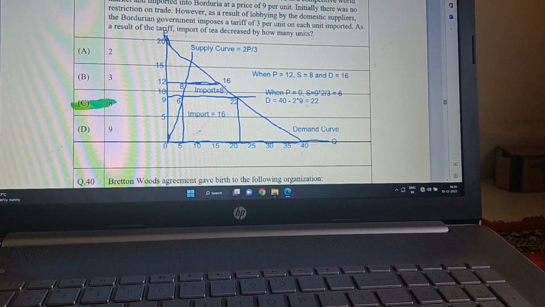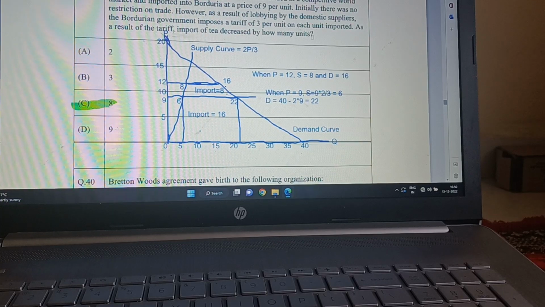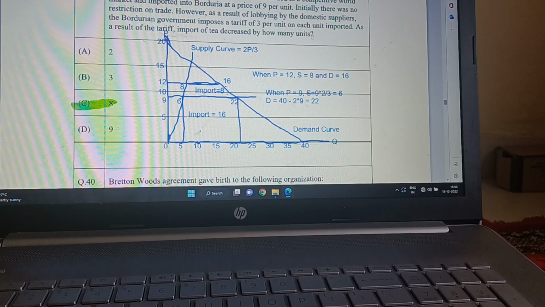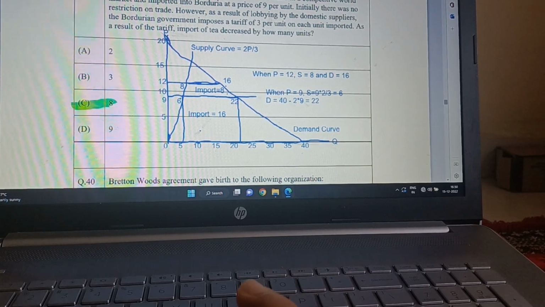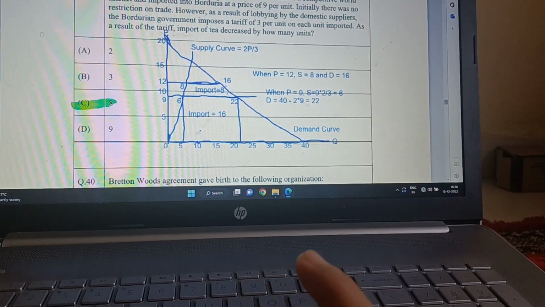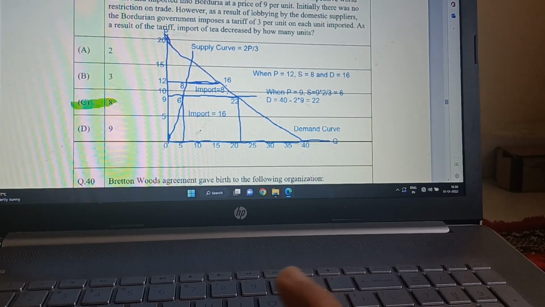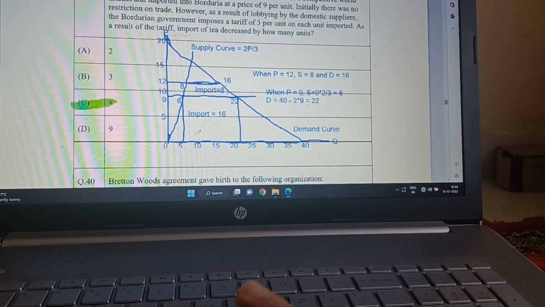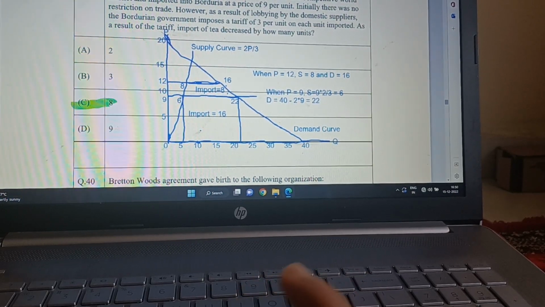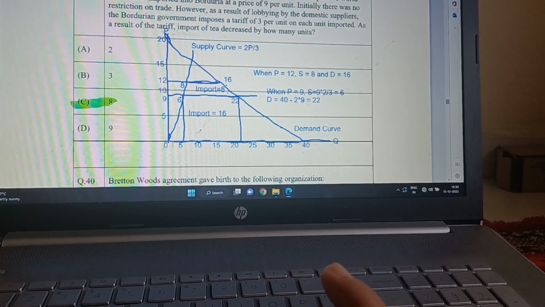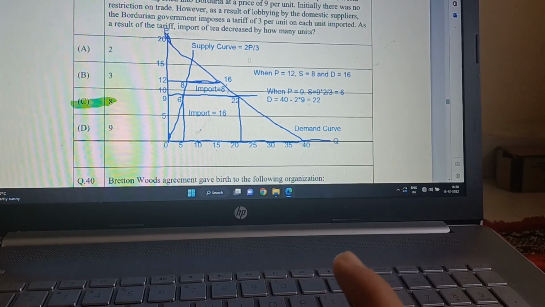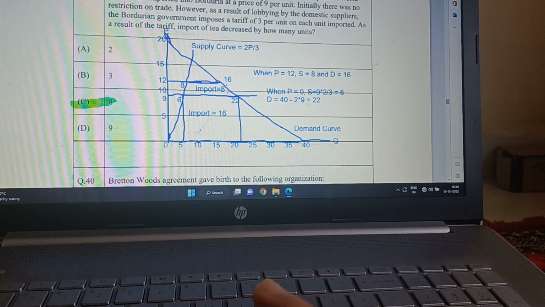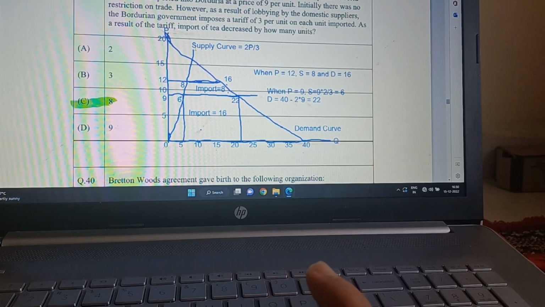So let's first study what was the import before the imposition of tariffs. The supply curve is 2P by 3, and so that is what I drew in the graph. It started at 0 because when P is 0, the quantity supplied is 0, and so it increased like this.